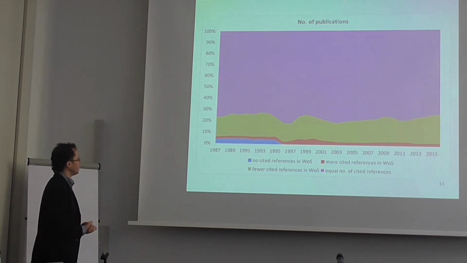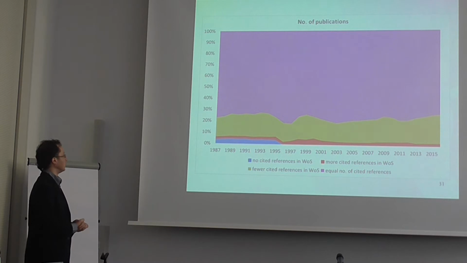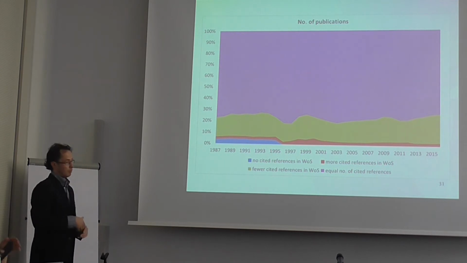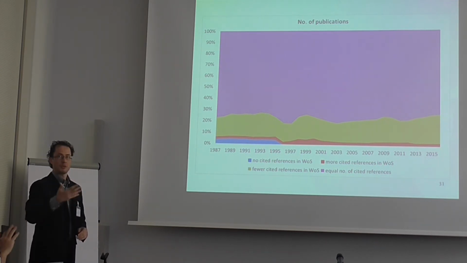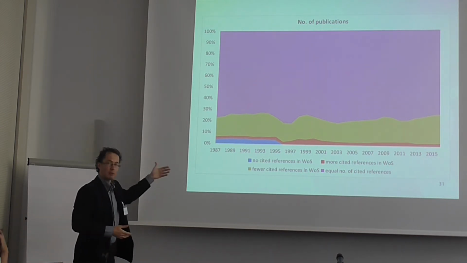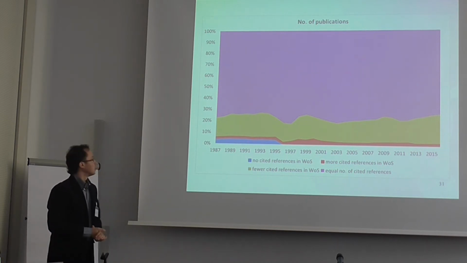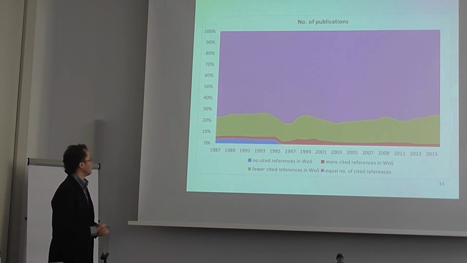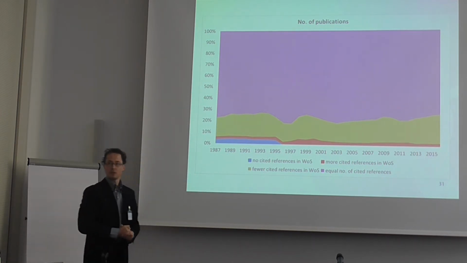In this graph we see 3 or 4 different types of publications that we have identified. So in blue we see the share of publications for which we have seen that there are references in the original Elsevier publication, but for which we cannot find any references in Web of Science. And this highlights especially a problem until 1996.